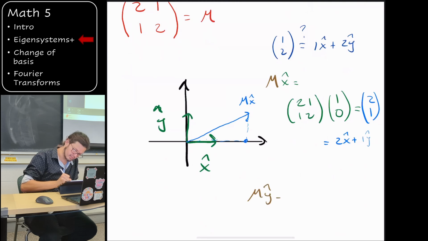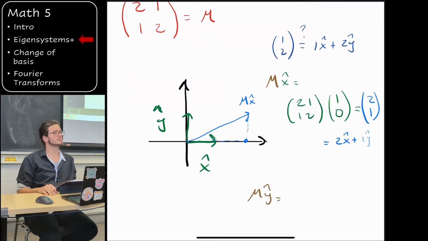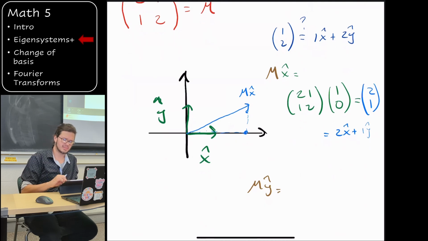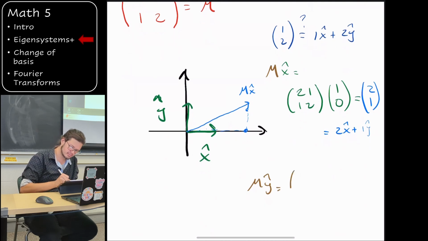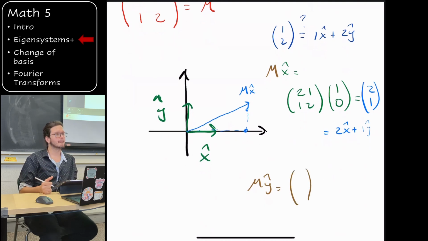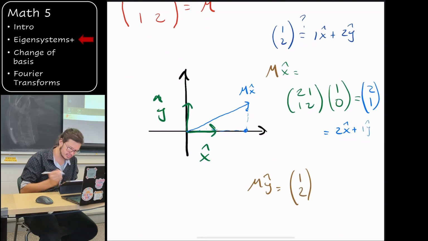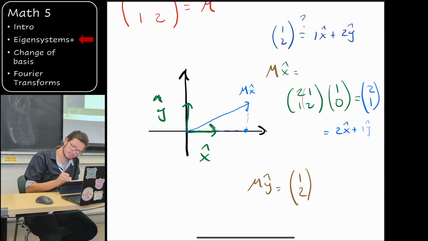What would be the action of M acting on y hat? Anybody? Can you tell me directly the vector that I obtain in here? 1, 2, right? Because you just multiply the matrix M by the vector 0, 1. And that is basically going to give you this column.